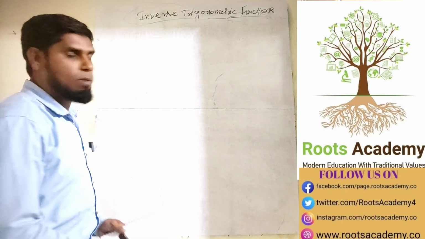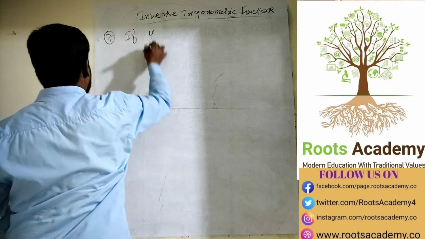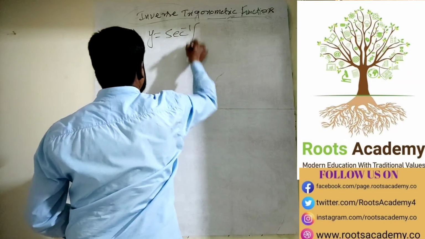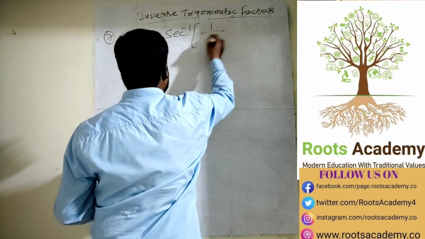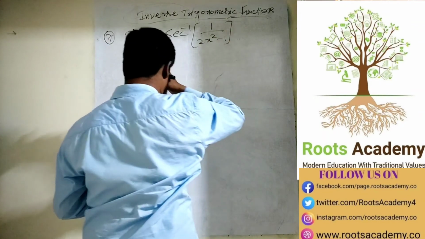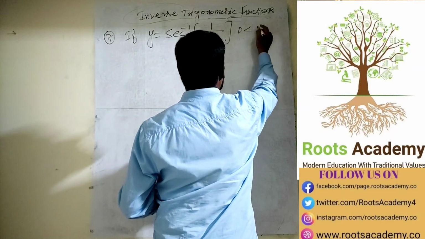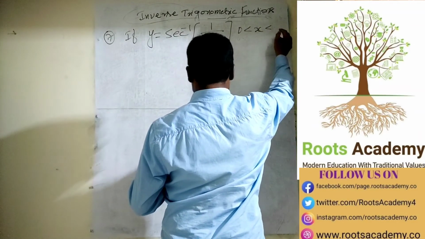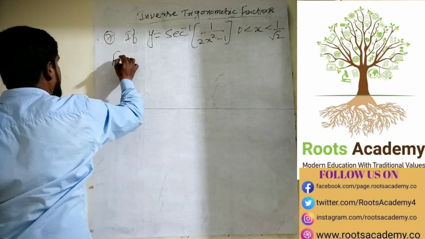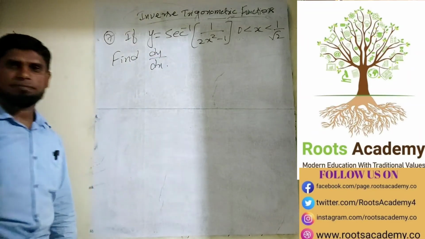Now let us go to the next problem. If y is equal to secant inverse of 1 divided by 2x square minus 1, where the value of x is between 0 and 1 by root 2, find dy by dx.